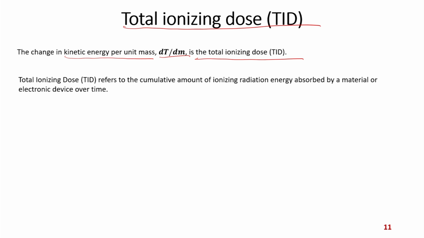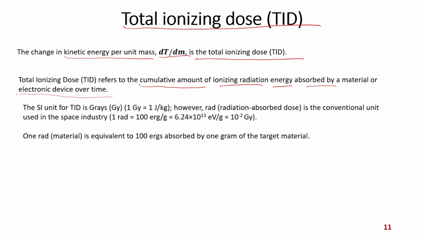Total ionizing dose refers to the cumulative amount of ionizing radiation energy absorbed by a material or any electronic device over time. So, by TID we understand the long term degradation of the material over time. So, that is the TID.